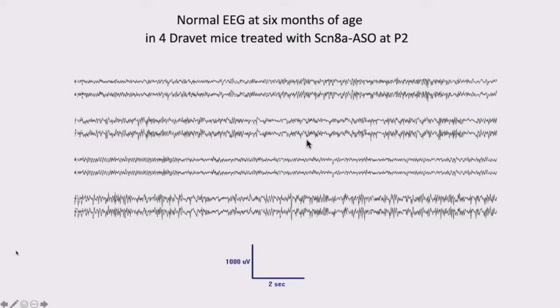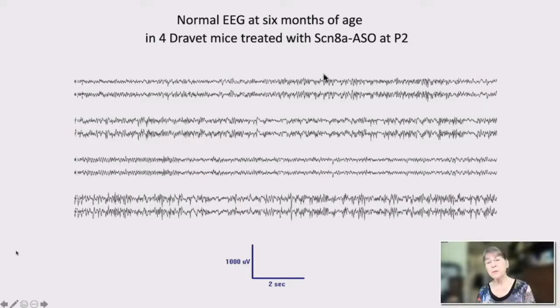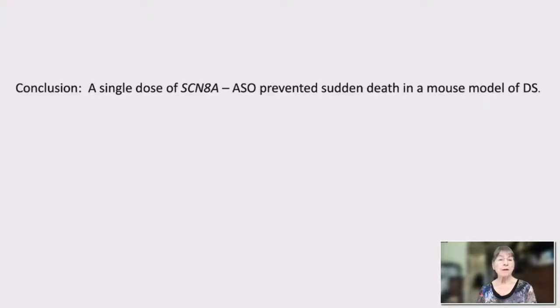Here are 4 different mice, tested when they were 6 months old, and there was no evidence of any seizure activity in these ASO-treated animals. So it appears that a single dose of the SCN8A ASO prevented sudden death in the mouse model of DS and prevented seizures as well.